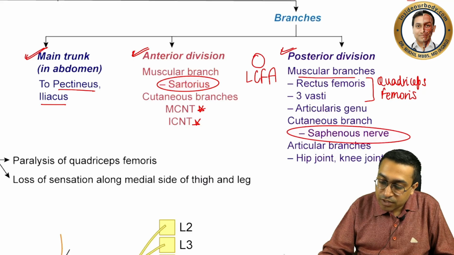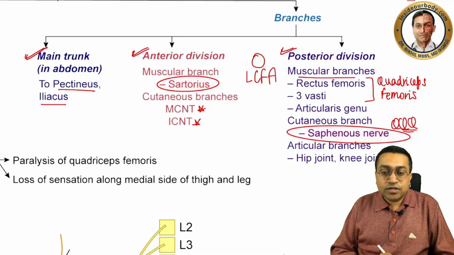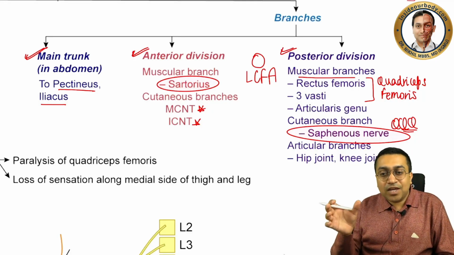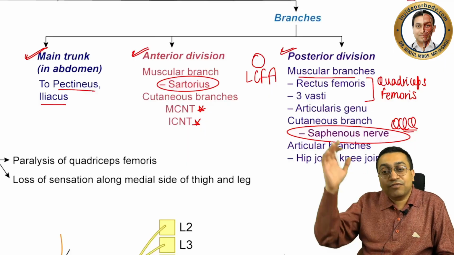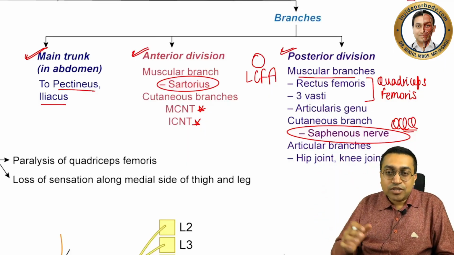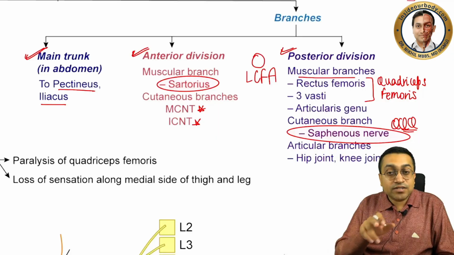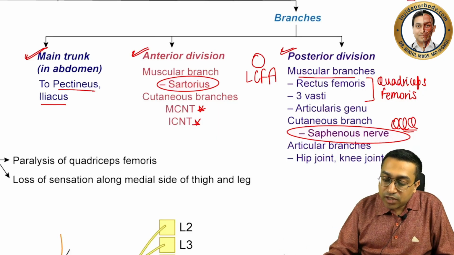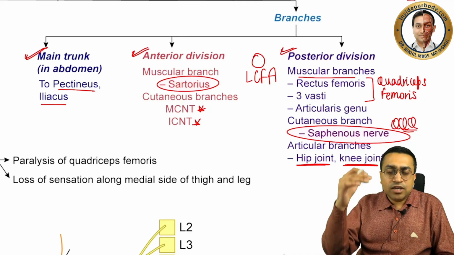Saphenous nerve is important. Why so? Because there is a same name vein, that is the great saphenous vein, short saphenous vein. So we have a saphenous nerve also, and that is a branch coming from the posterior division of femoral nerve. Then also there are articular branches to the hip joint and knee joint. So there are two joints, hip joint and knee joint.